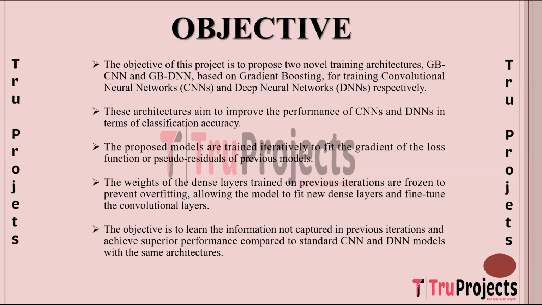By iteratively fitting the residual information and freezing the weights of certain layers, these architectures aim to achieve superior performance compared to standard CNN and DNN models with identical architectures. This pursuit of unexplored information helps enhance the model's predictive capabilities and potentially yields better results in classification tasks.